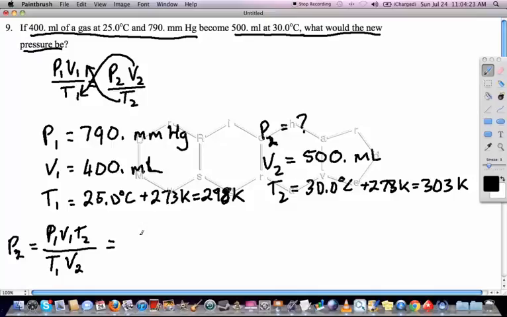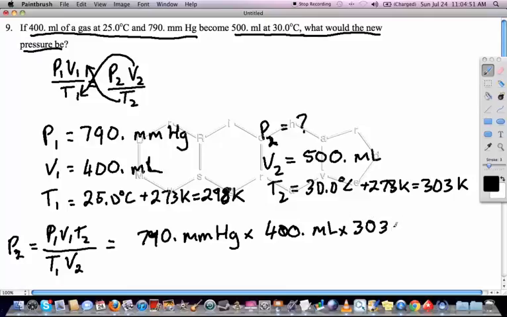Now I can just plug in the values. I've got 790 millimeters of mercury, the volume 1, which is 400 milliliters, times temperature 2, 303 Kelvin, over temperature 1, 298 K, and volume 2, which is 500 mL.